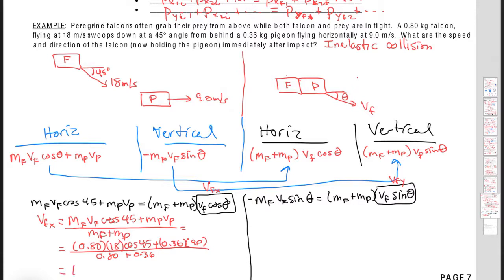So the x component is going to be 11.6 meters per second.